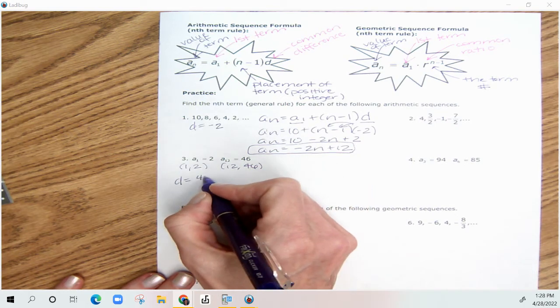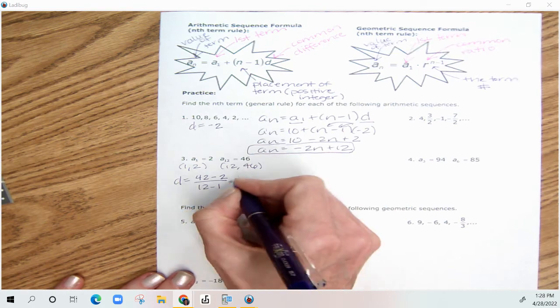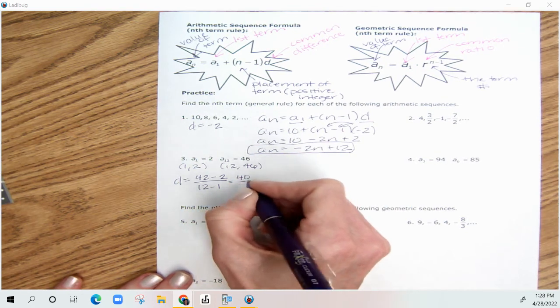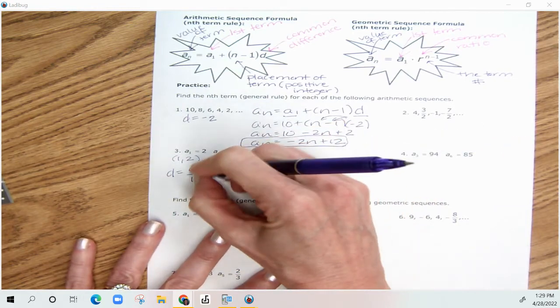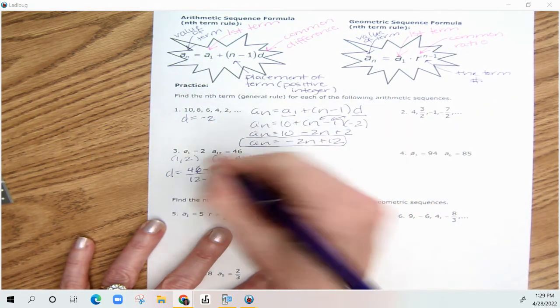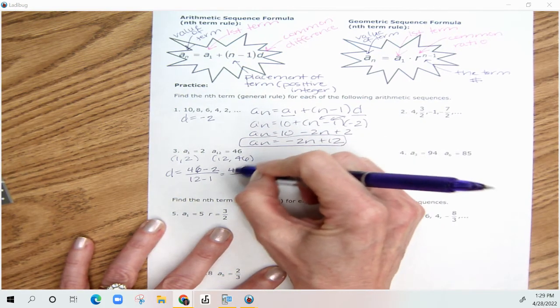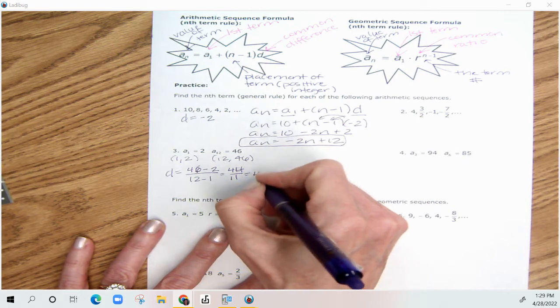So 42 minus 2 over 12 minus 1 gives me 40 over, oh, wait a second, 46, not 42. I was wondering why that wasn't working out. 46 minus 2, and that's 44 over 11, so the common difference is 4.